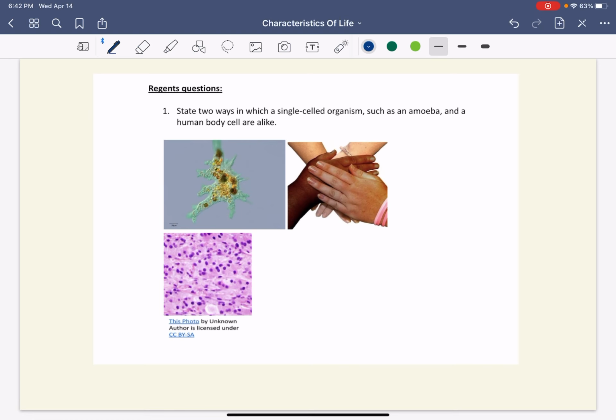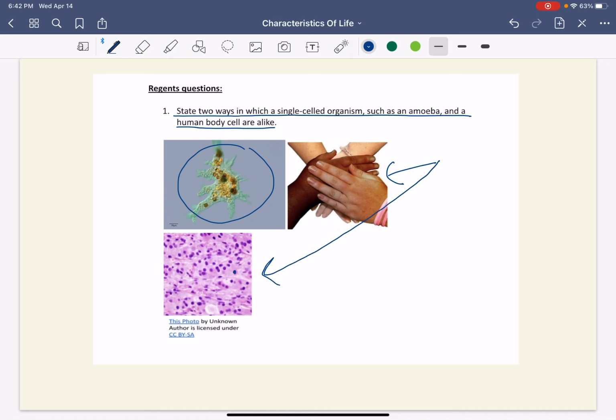So here's the first one. State two ways in which a single-celled organism, such as an amoeba, and a human body cell are alike. So here's the amoeba. And here are some wonderful human hands. But if you zoom in, you see that we are made up of cells.